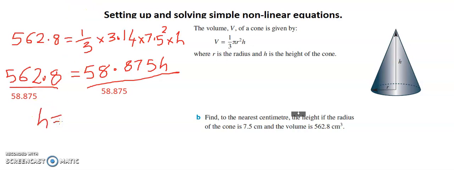We are after the height. So we've got 562.8 divided by 58.875, and I'll round it to the nearest centimetre. So we've got 9.559, which is rounding up to 9 centimetres.